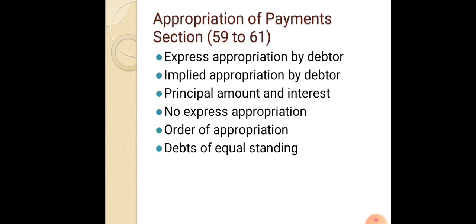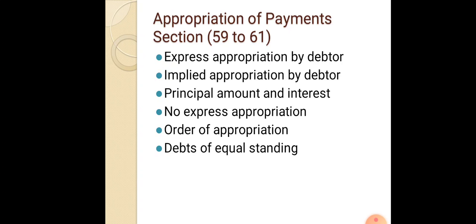Now we'll see appropriation of payments. These are mentioned in sections 59 to 61 of the Indian Contract Act. So: express appropriation by debtor, implied appropriation by debtor, principal amount and interest, no express appropriation, order of appropriation, and finally debts of equal standing.